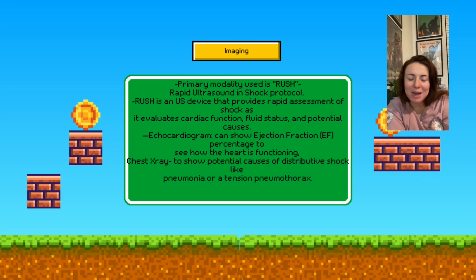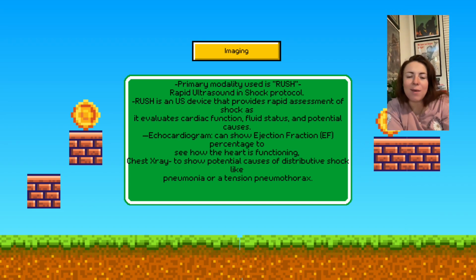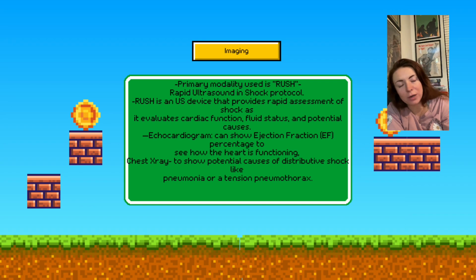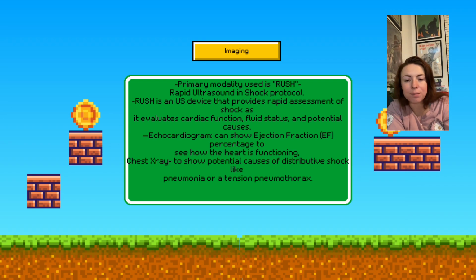The first one, I've actually never heard of this, and I thought it was really interesting. It's called RUSH. It's basically a rapid ultrasound assessment that helps determine cardiac function and fluid status, and it can also help determine the cause.